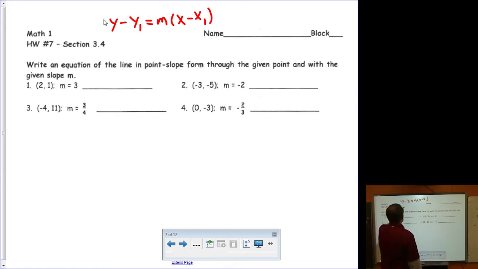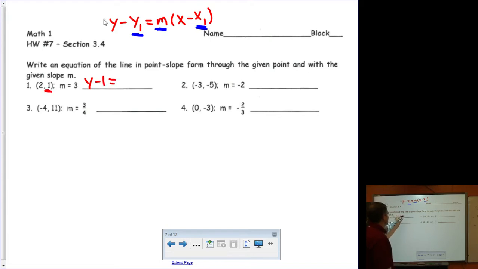You need to plug an ordered pair from your line into x1 and y1, and substitute the slope in for m. So in this first problem, I would have y minus the y value, which is 1, equals 3 times, well, 3 is the slope, times x minus the x value, which is 2. There's my equation in point-slope form for that line.